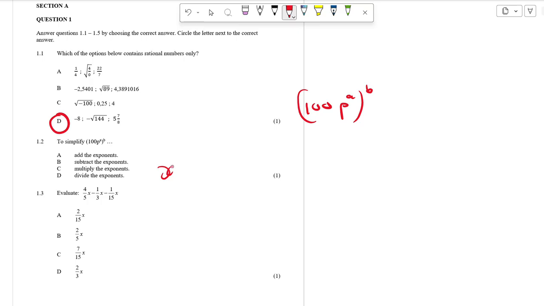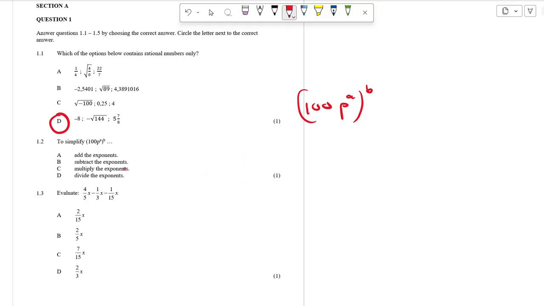Let's say you have x squared multiplied by x cubed, you add the exponents, so you see x to the power of 2 plus 3, which gives x to the power of 5. That's where we add exponents. And we subtract exponents when dividing. Let's say you have x cubed divided by x squared. We say x to the power of 3 minus 2 is equal to x. We subtract when we divide, when they have the same base.